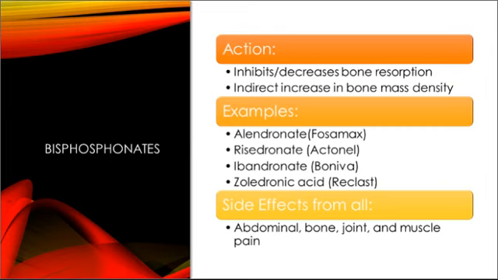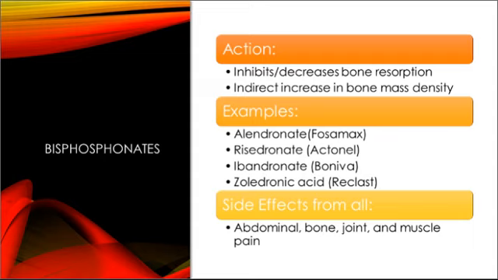Your next group for osteoporosis management are your bisphosphonates. There's a list of bisphosphonates also on page 804 of your Pearson text, and you can look in the front section of your drug handbook. There's a section on osteoporosis starting on 150C, where it talks about osteoporosis and management.